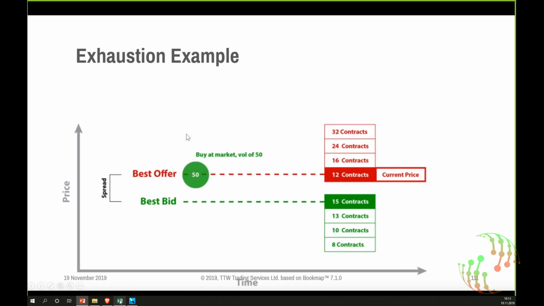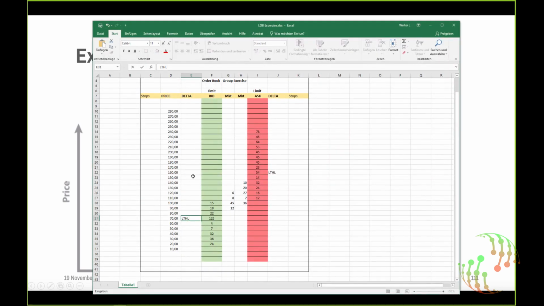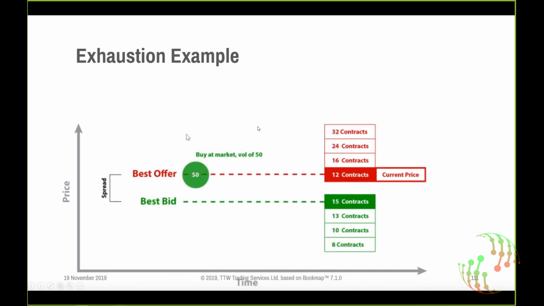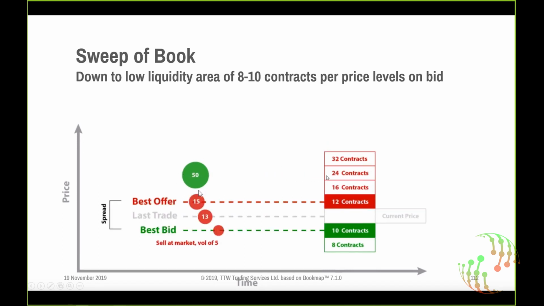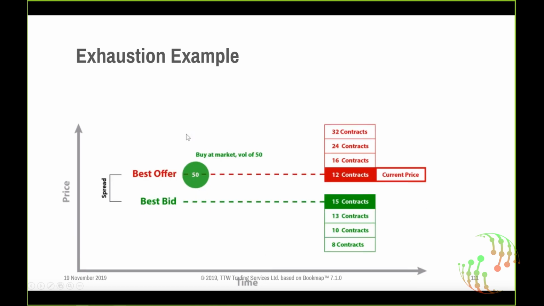Let me explain that. It's the same situation like this one. So we are trading 12 contracts here. Market is buying 50 at this price. Now the market is trading lower, 15, 13 on the best bid. Let me see, what was this? 15, 13, 10 and 8 contracts.